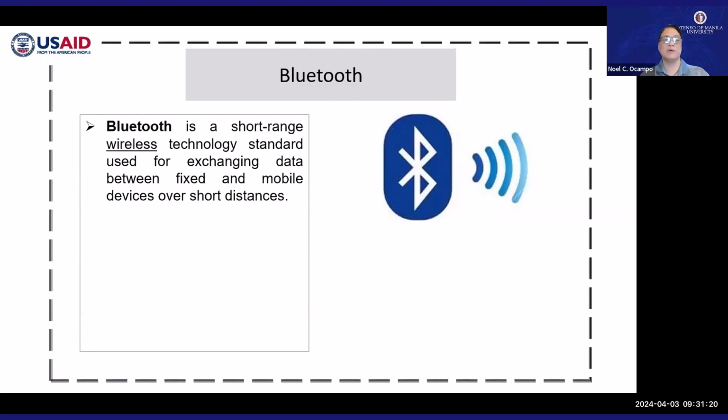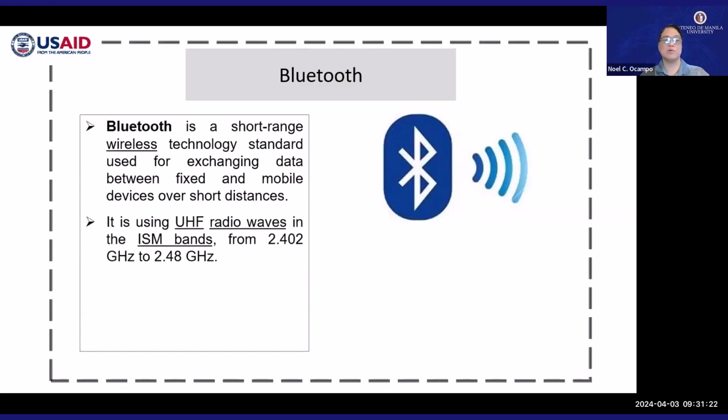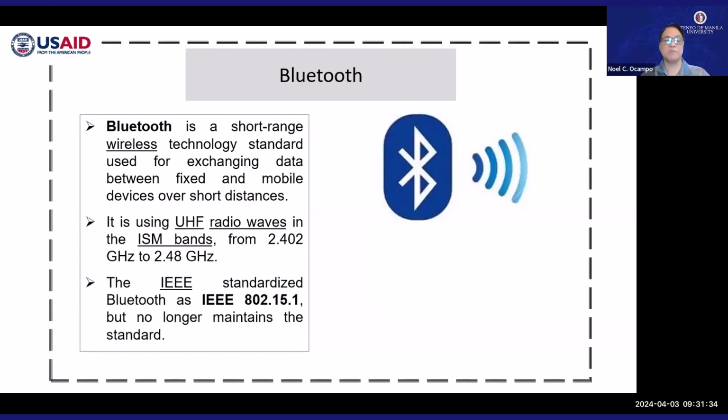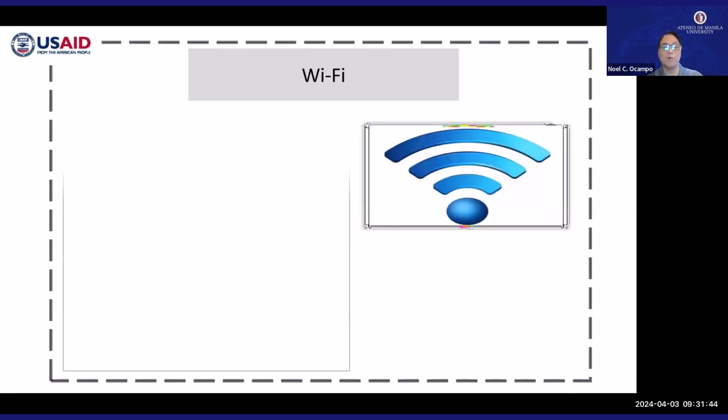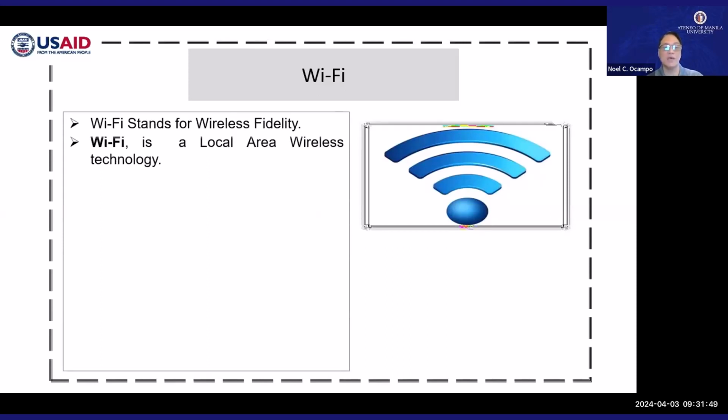For Bluetooth, the standard is a short-range wireless technology, and it would be in the UHF radio wave, from 2.402 to 2.48 gigahertz. It's covered by the IEEE standard Bluetooth 802.15.1. For Wi-Fi, the standard for wireless fidelity is the one we use in our local area network.